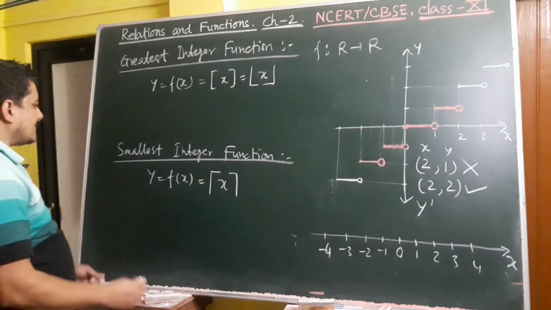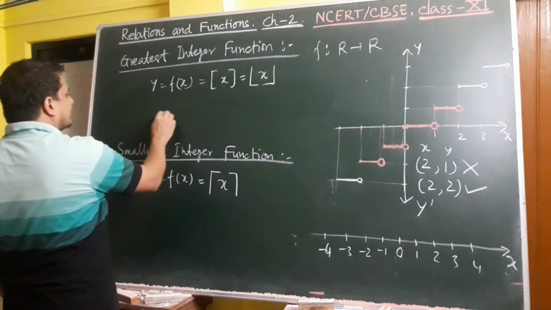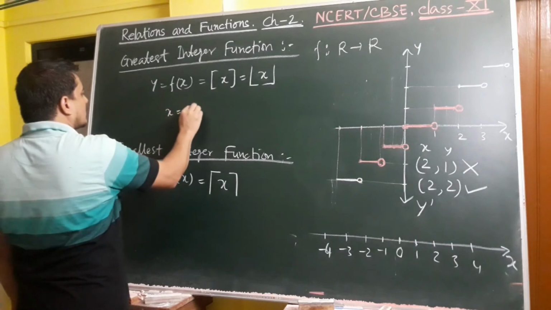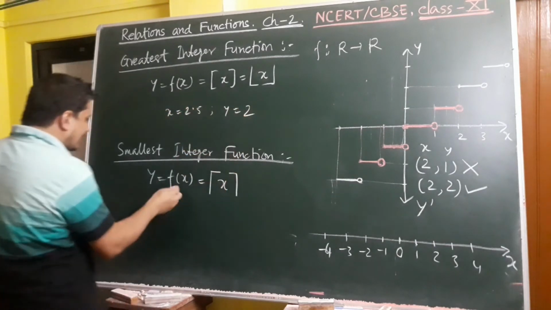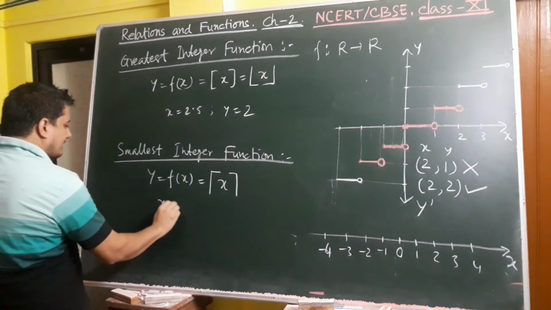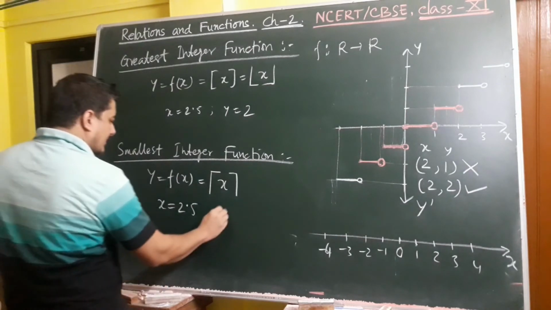In the greatest integer function, if x equals 2.5, then y will be 2, and in the smallest integer function, if x equals 2.5, y will be what?